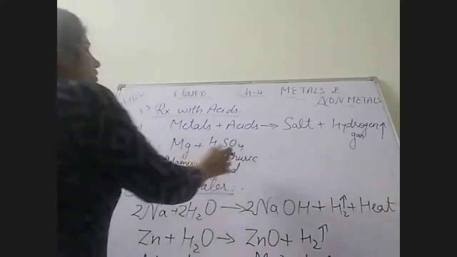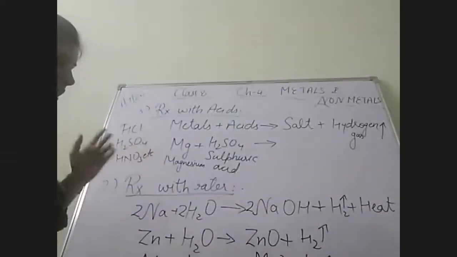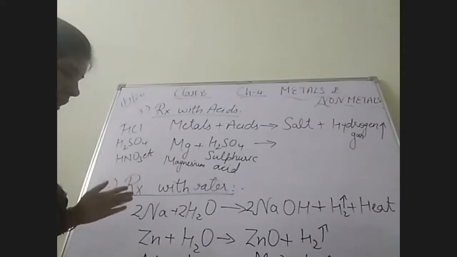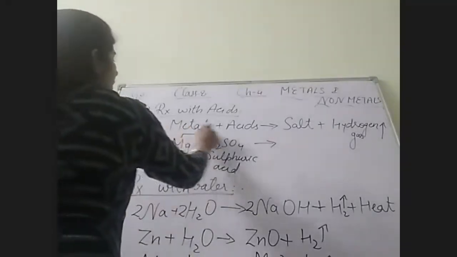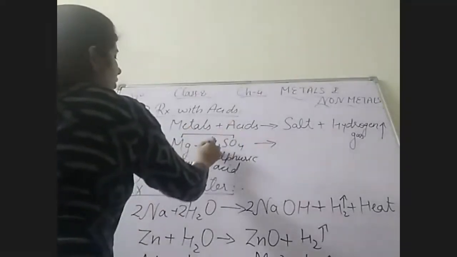Magnesium will react with sulfuric acid. What it will provide you? क्या बताया मैंने, salt बनाएगा. MgSO4 और क्या निकलेगा? ये इसके साथ अलग हो जाएगा और हाइड्रोजन गैस इवॉल्व हो जाएगा.